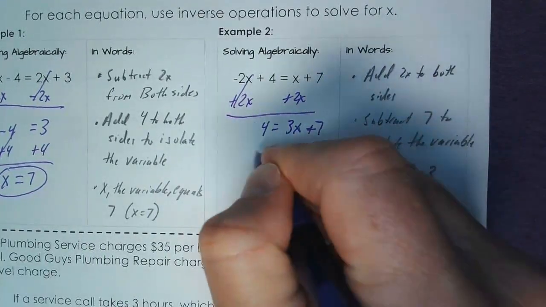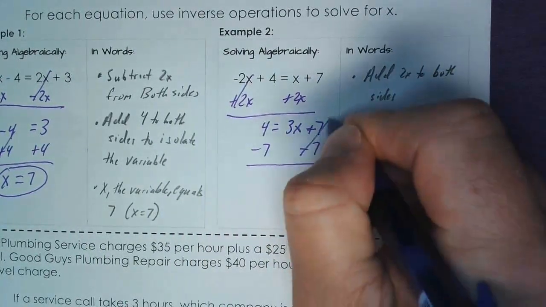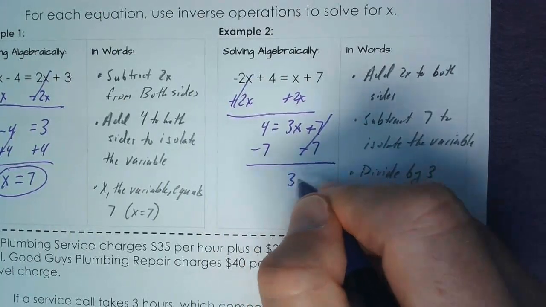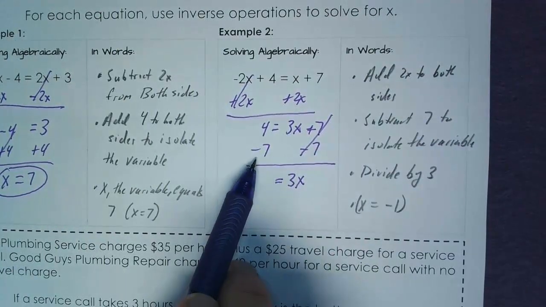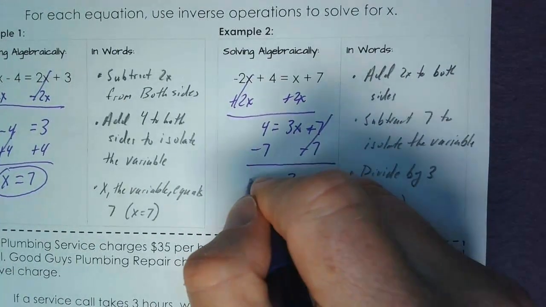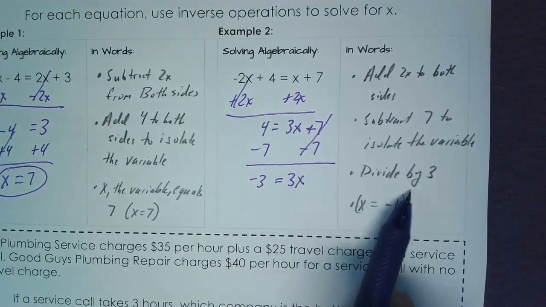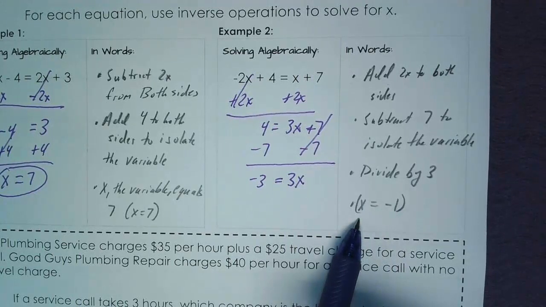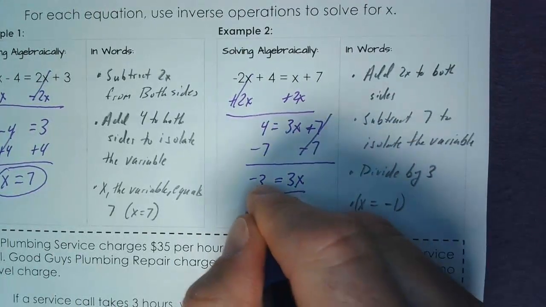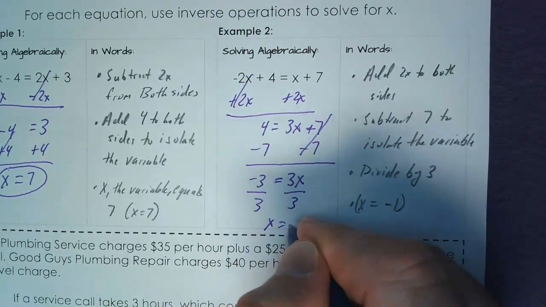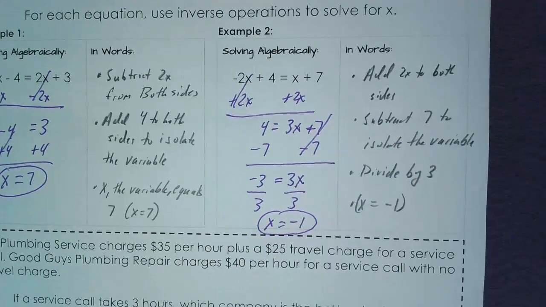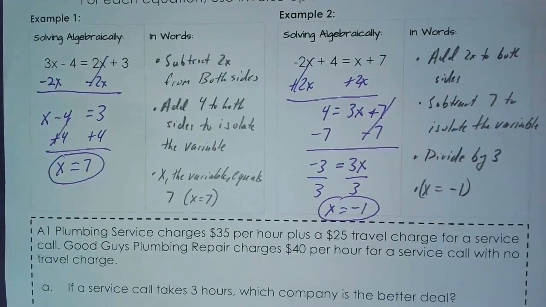I'm going to subtract 7 here. Cancels. Rewrite. Careful right here. That is a negative 3. And the last step says divide by 3 to get x isolated. And then x equals negative 1. So that's what they mean by justifying.